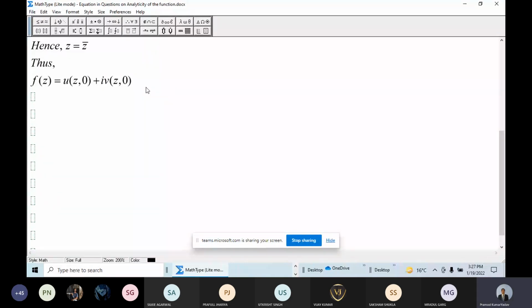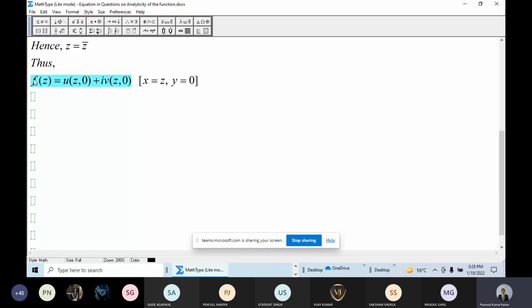It looks like here we are going to use x equal to z and y equal to 0. But the reason is not like that. Why are we using this one? Because of the previous one, that the value of x is (z plus z bar) by 2 and y is (z minus z bar) by 2 iota.